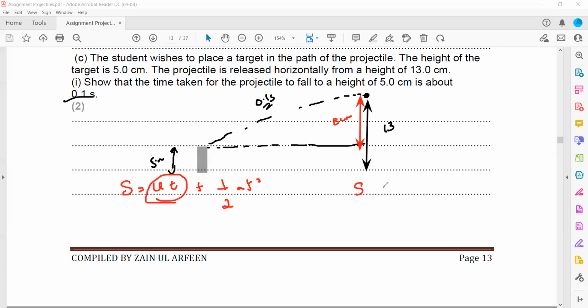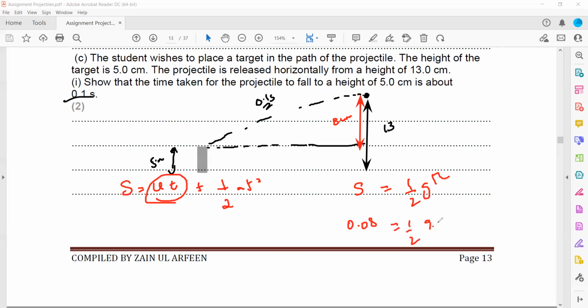So it will be s equals half g t squared. s is the height; it is not the total height. It is the height which the projectile falls from the launching position. So that is equal to 8 centimeters or 0.08, because the SI unit of length is meter.